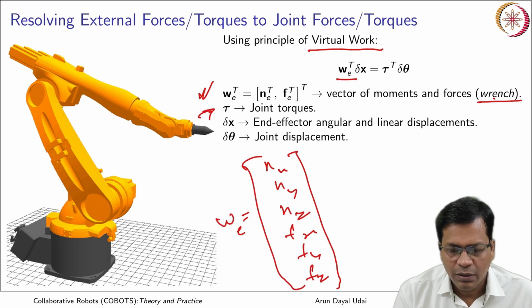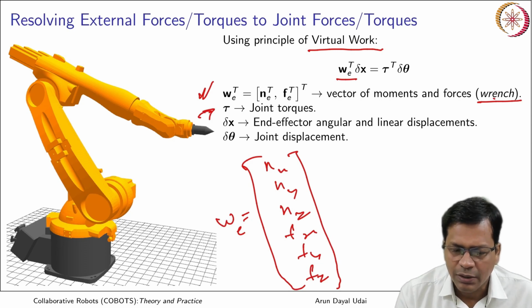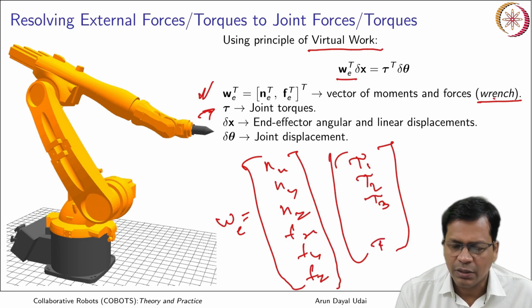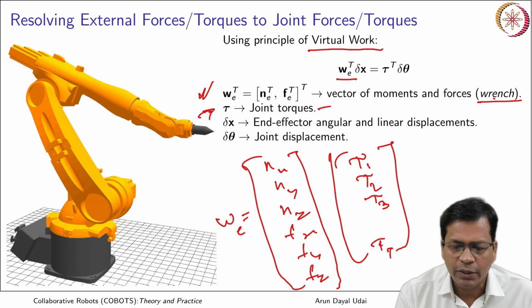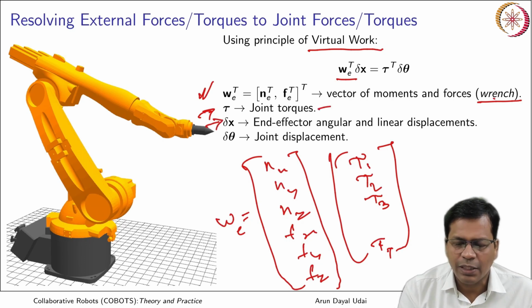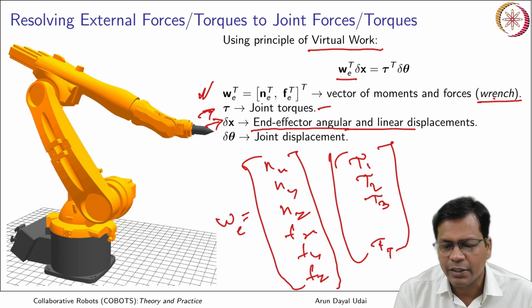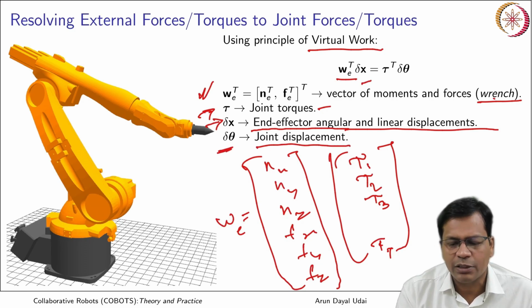Tau is the torque vector, similar to what we calculated in gravity compensation: tau 1, tau 2, tau 3, up till the last joint, say 7 for a 7 DOF robot. Those are the joint torques. Delta X is the small end effector angular and linear displacement, and delta theta is the joint displacement.